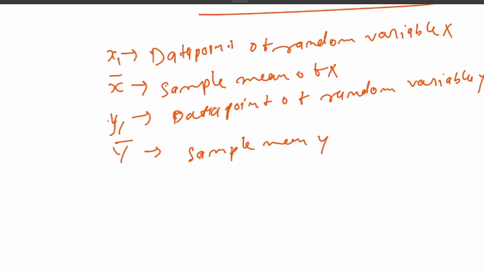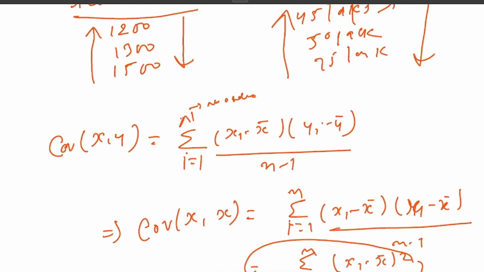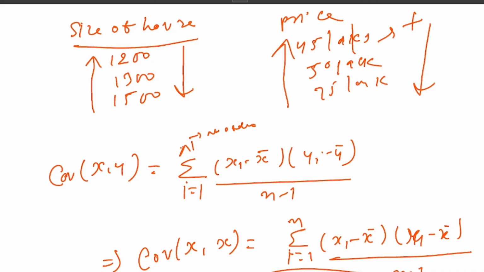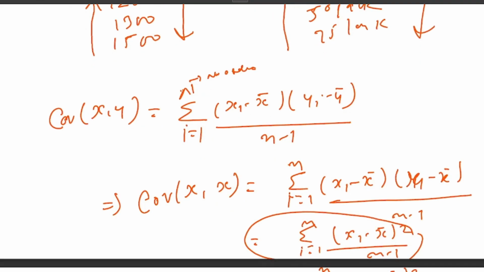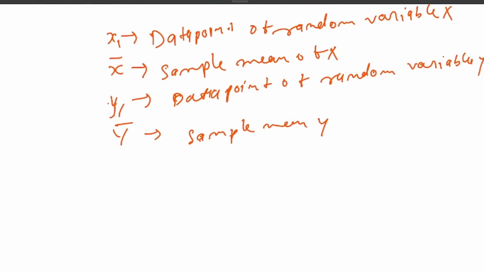Understood? So like this we can calculate the covariance. And as we know, we use covariance and correlation to know the relationship between two variables. Okay, so let me take an example and calculate the covariance.